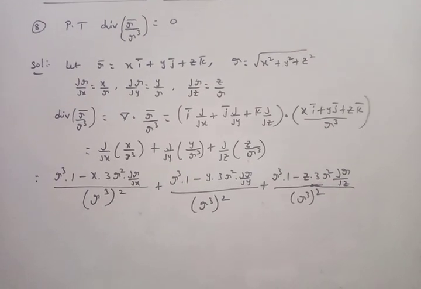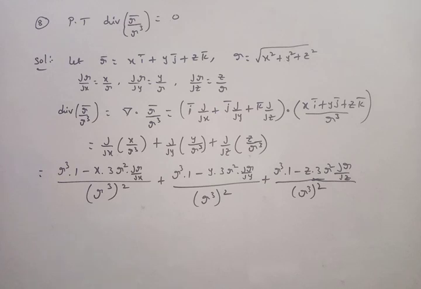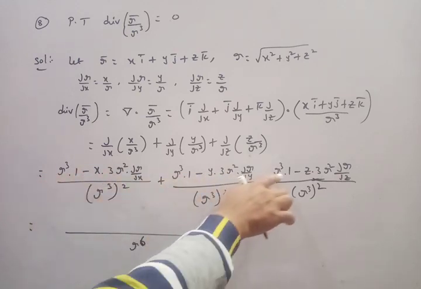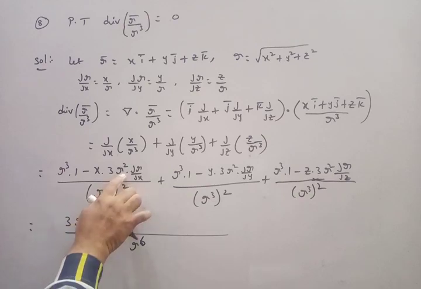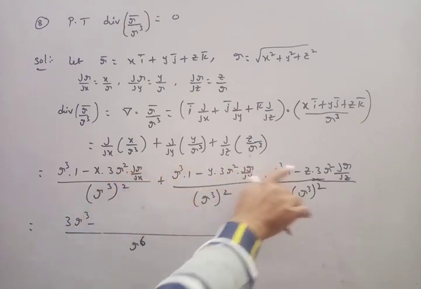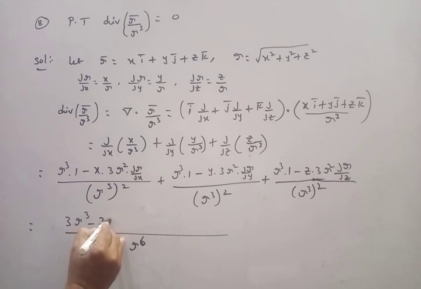So what is the LCM? Same. If I take r cube whole square as the LCM, that means r power 6. R cube plus r cube plus r cube, how much is it? 3r cube minus 3r square common.